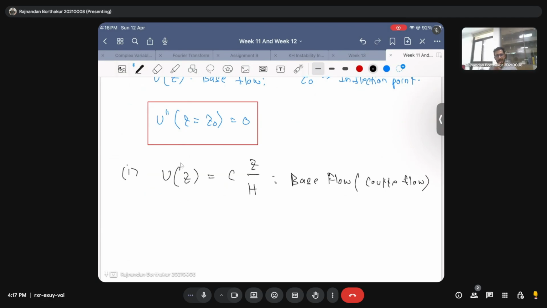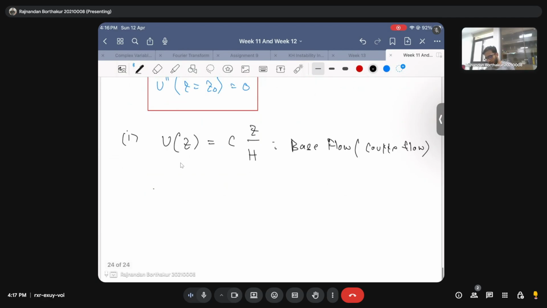Then let's see what the Rayleigh inflection point criteria says about the stability of this base flow. If I calculate U double prime of Z, it simply comes out to be equal to 0, regardless of which point we are looking at. At each Z within the domain, in fact, it says that each point is an inflection point.